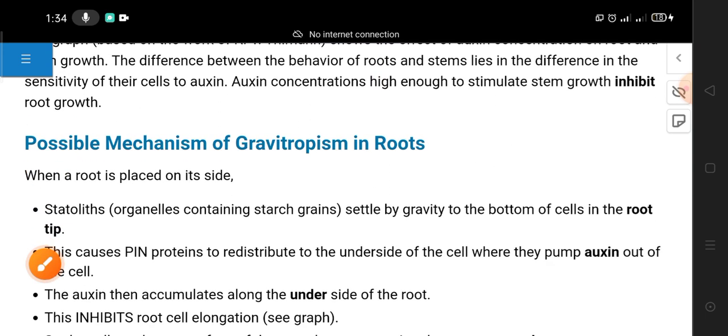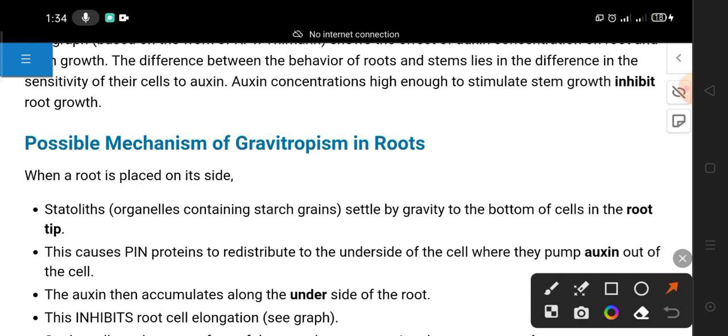Next is the possible mechanism of gravitropism in root. When the root is placed on its side, statoliths, organelles containing starch grains, settle by gravity to the bottom of the cell in the root tip.